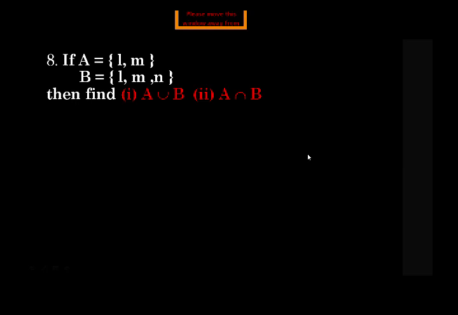So the first part, okay, before starting the first part, again, first we have to identify the property of this question. So what is the property? You can see that we have two sets LM and LMN. There are two common elements in set A and set B. So which property is this?